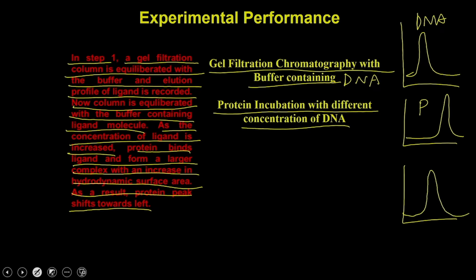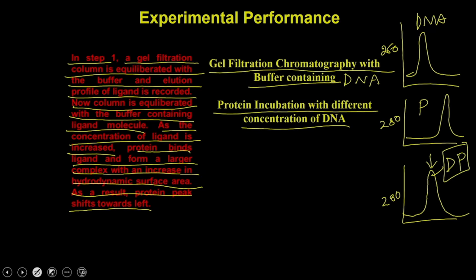Here you are monitoring at 260, here at 280, and here you are monitoring the protein, not the DNA. As a result, you get an intermediate peak, which corresponds to the DNA-protein complex.